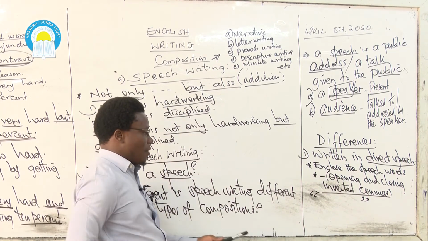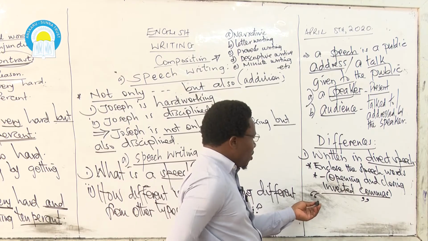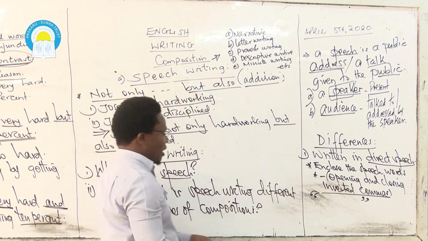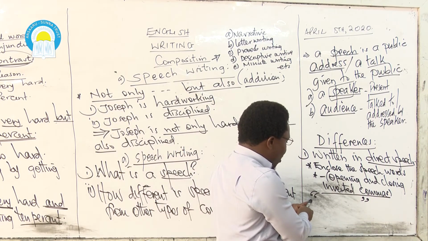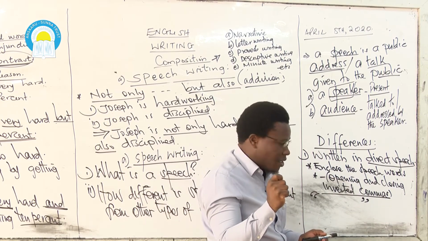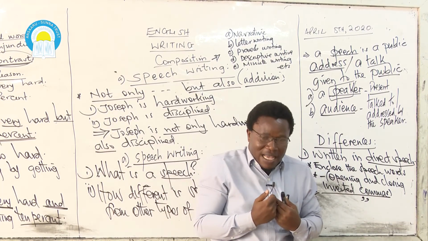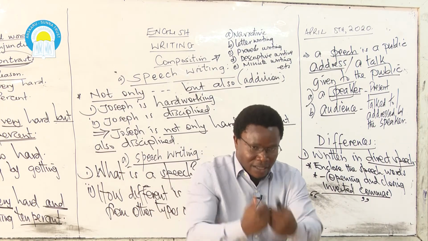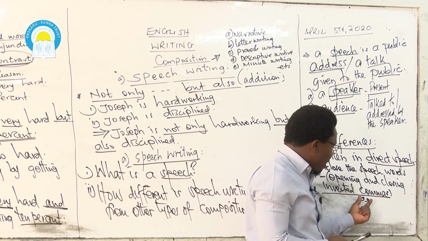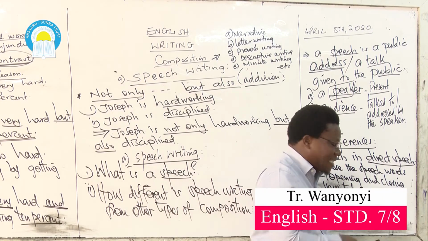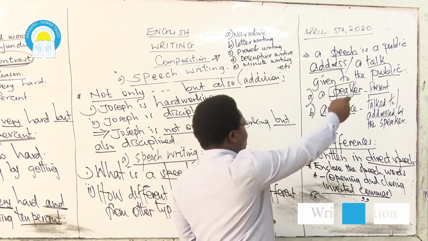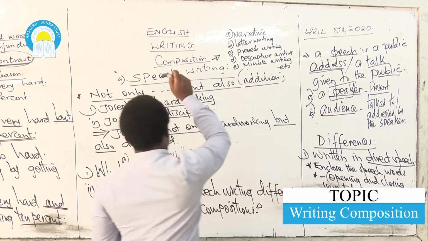To emphasize further, in this case of speech writing composition, the opening inverted commas shall be placed at the commencement of the speaker's spoken words. However, the closing inverted commas shall be placed at the end to mark the end of the speaker's speech.